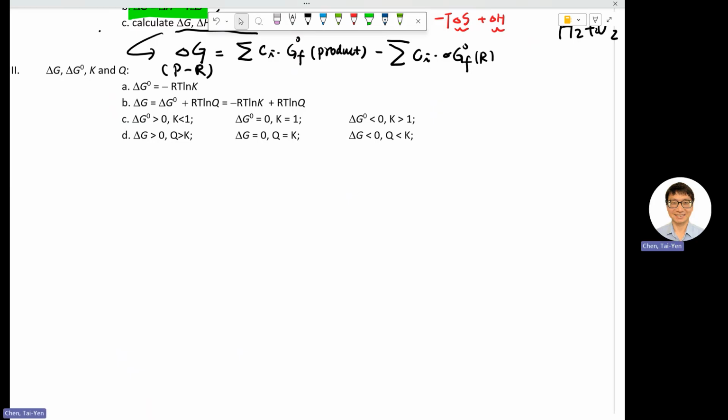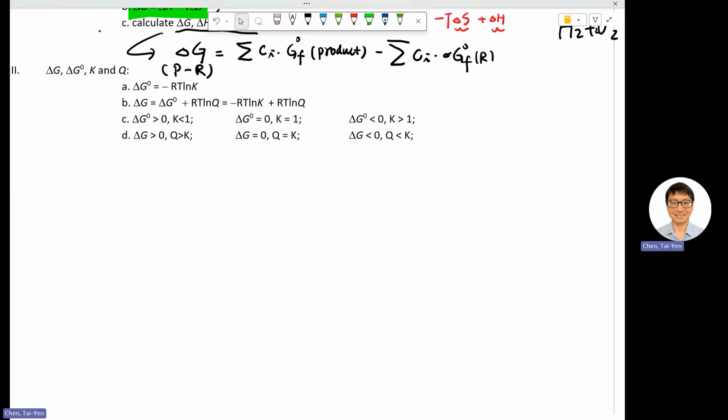Now, if I tell you there's a reaction whose delta G is positive, which direction is the reaction going to move? It will move from the product side to the reactant side. This is a very important concept you must have.